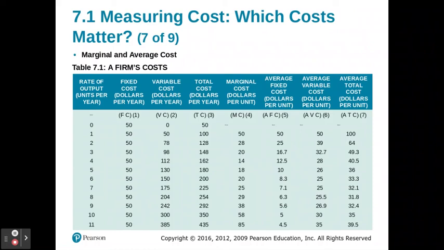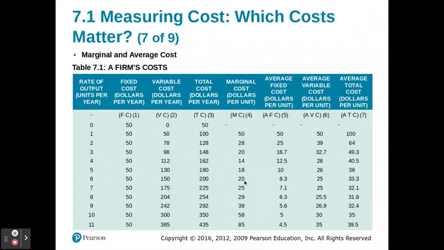So column 1 plus column 2, 50 plus 50 equals 100. That's column 3. Now, what's the change in column 2 or 3 as we went from quantity 0 to quantity 1? That would be a change of 50.